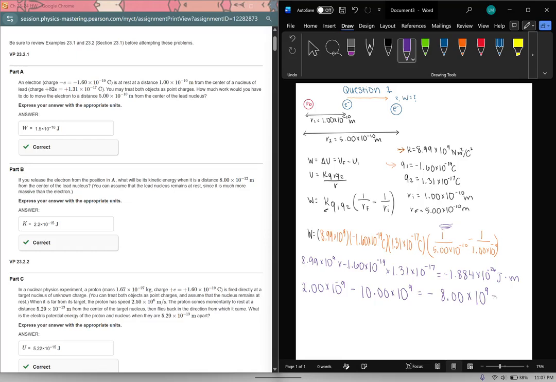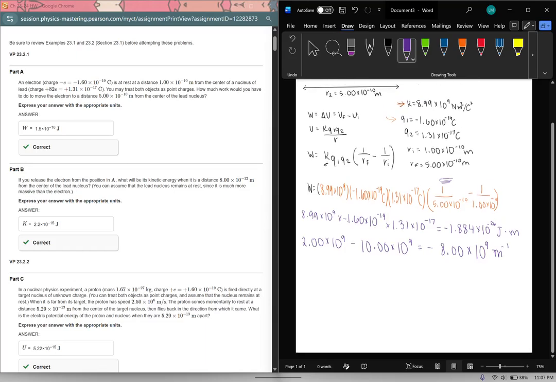And sorry, I meant to say meters. I think it's going to be per meter actually. Yeah, that's what I got. And sorry, my mistake here.